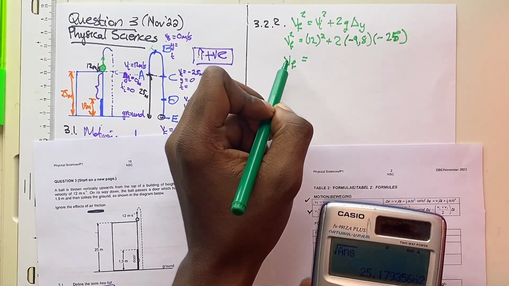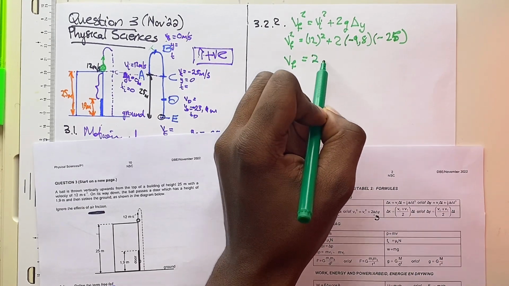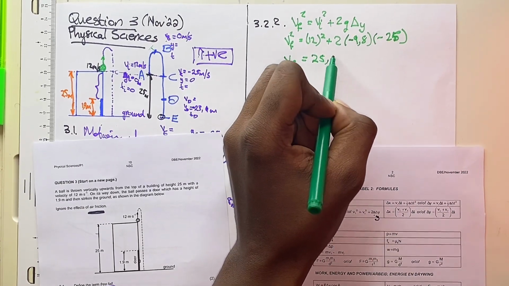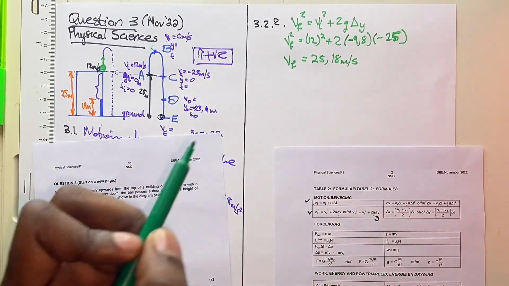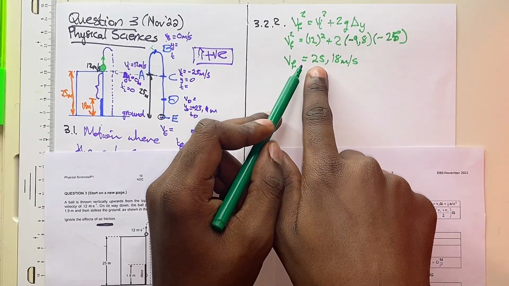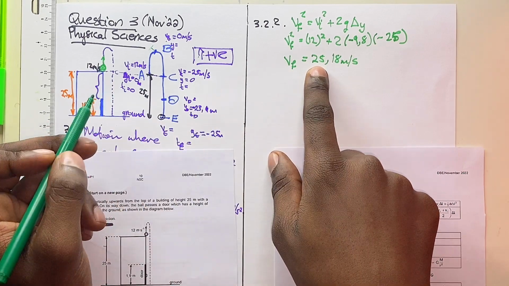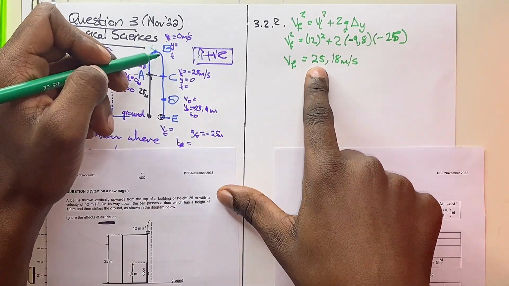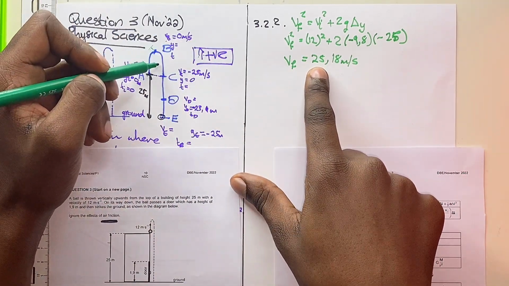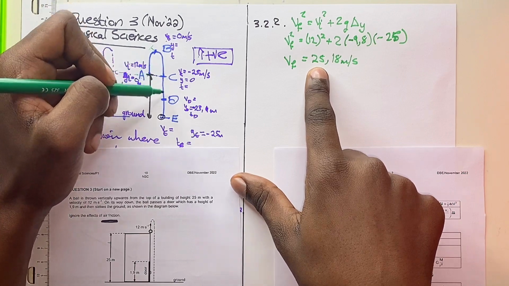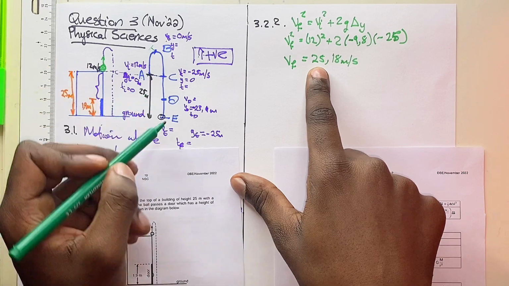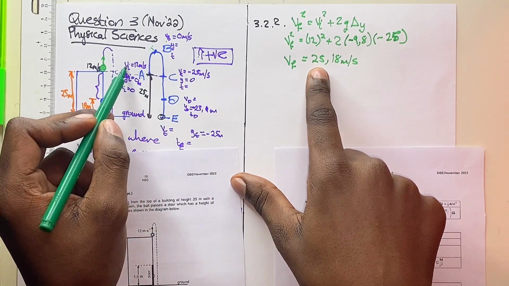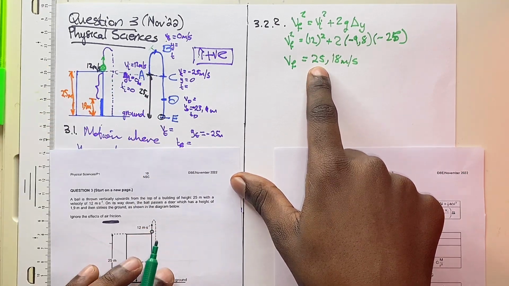Now I can calculate my Vf, which is equal to 25.18 meters per second. It makes sense that it is so high because it is accelerating at 9.8 meters per second squared. So as it goes down, because of gravitation, it will become faster and faster. So it makes sense that it is higher than the initial velocity.